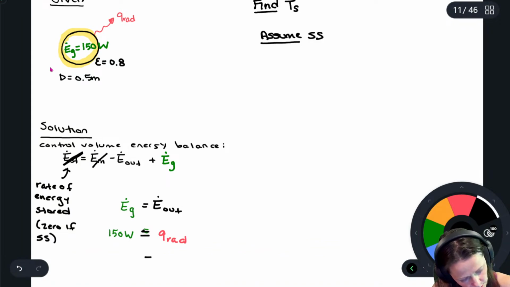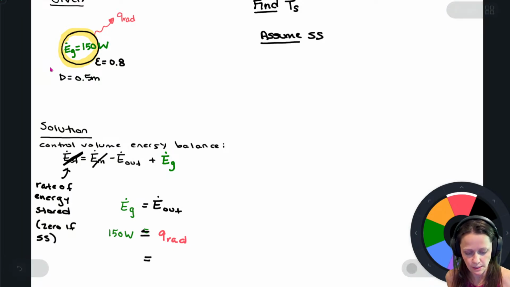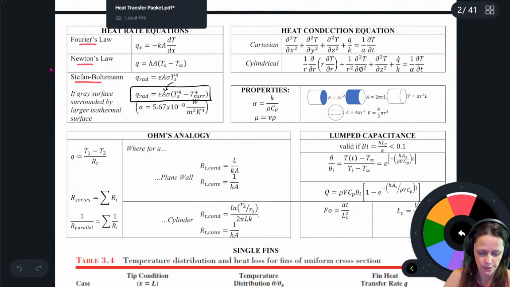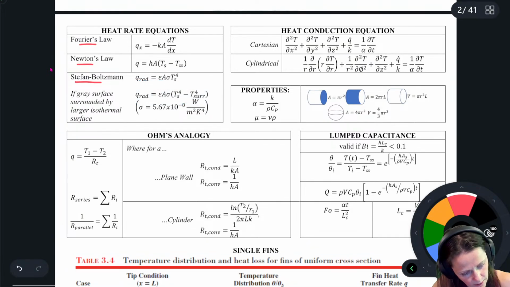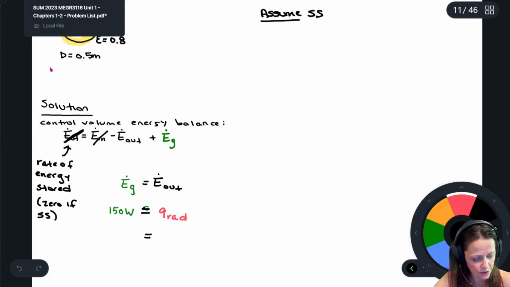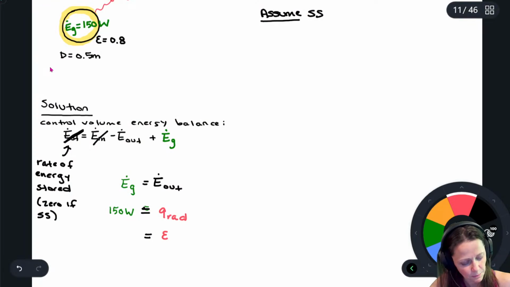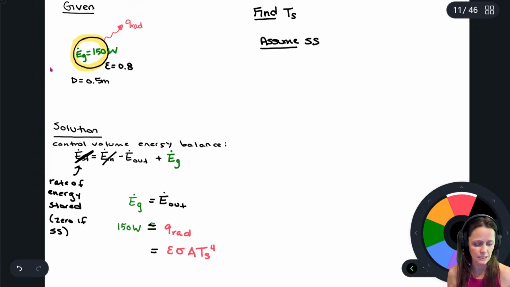Okay. So this is going to be equal to, all right, so if I forgot what the equation is, again, it's on your heat transfer packet. So it's all on there. You just have to know where to look. So it's going to be the emissivity times the Stefan-Boltzmann constant times the area times that TS to the fourth that we're looking for, because remember that is what we're ultimately looking for, TS.